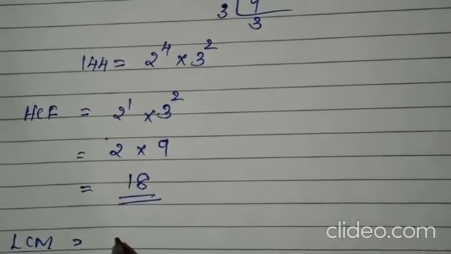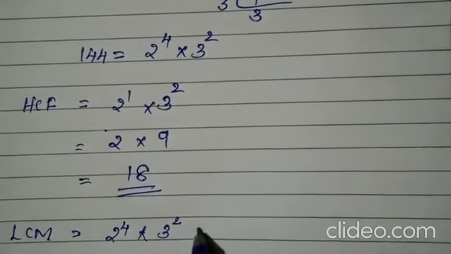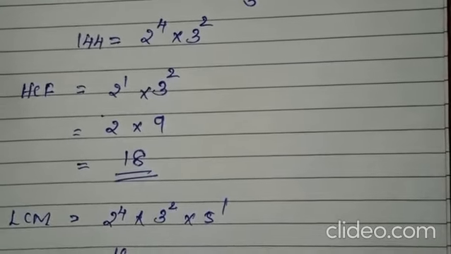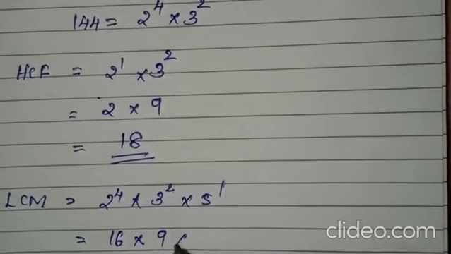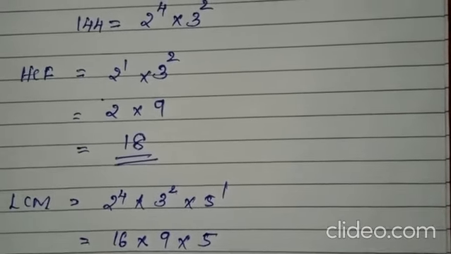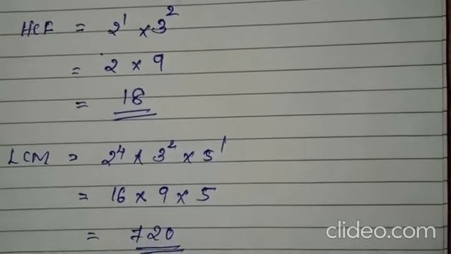So, the LCM is equal to 2 raised to 4 into 3 raised to 2 into 5 raised to 1. So, 2 raised to 4 is equal to 16. 3 raised to 2 is equal to 9 into 5. 16 into 9 into 5, how much it will come? 720. So, the LCM is 720.